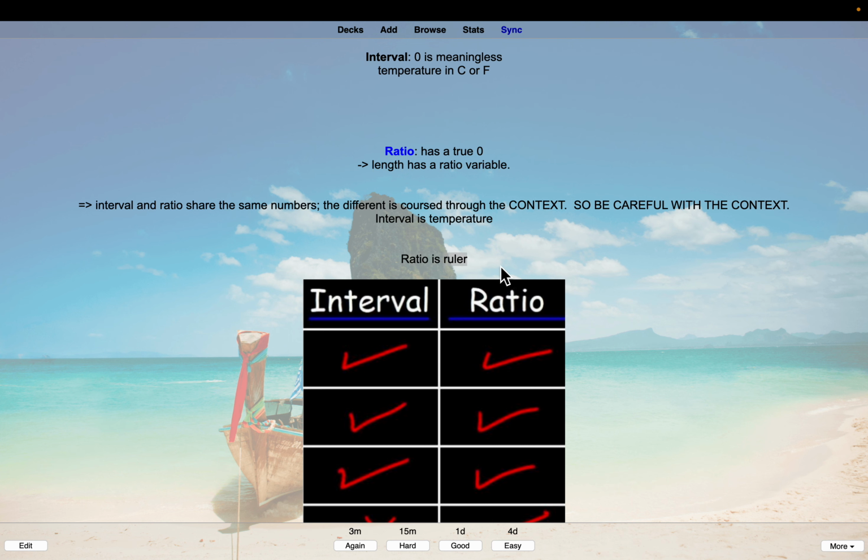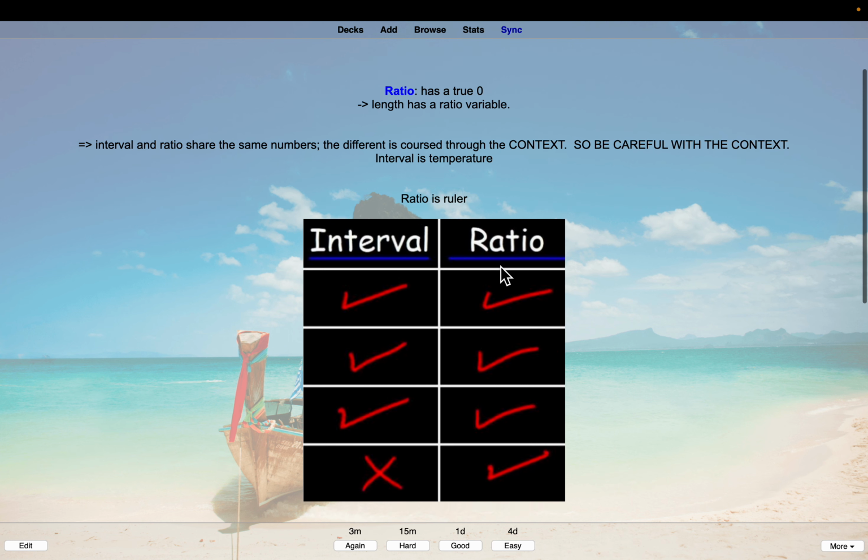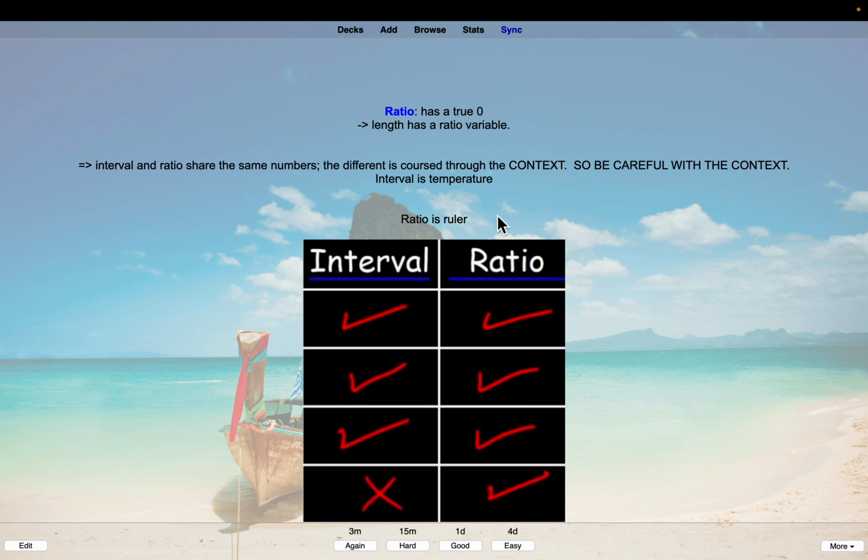In a ruler, there cannot be a negative integer. You can't say a specific object measures negative 43 centimeters, right? So it brings us to the idea that for interval, since temperature is an example under interval, we can say that negative values can be counted in interval, since it's possible to say that the current temperature in Alaska is negative 3 degrees Celsius, for example.